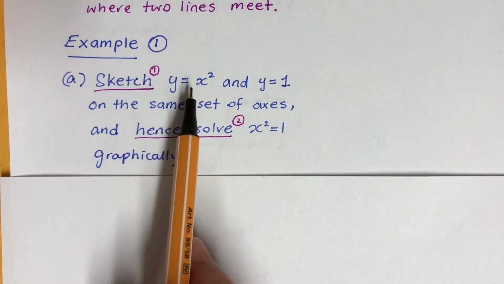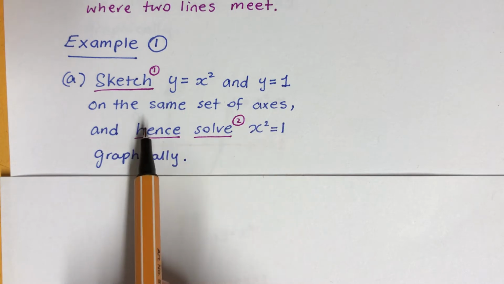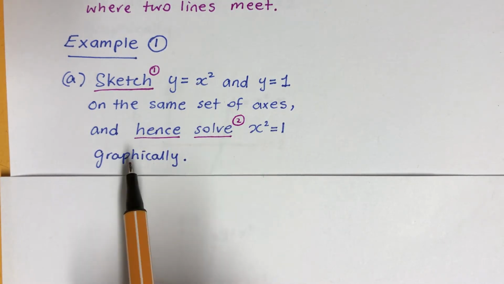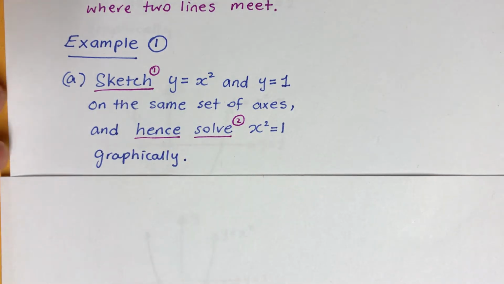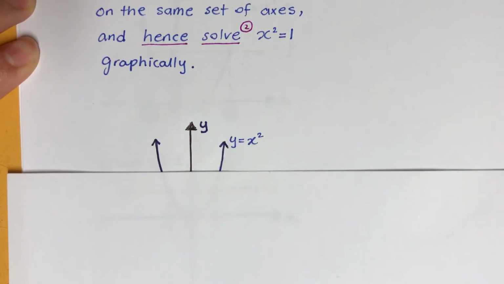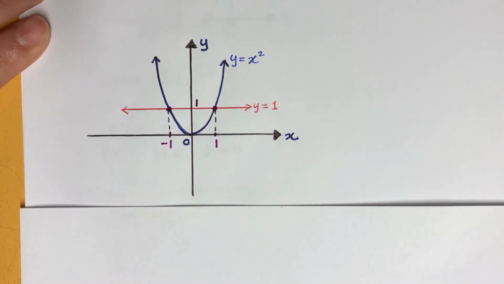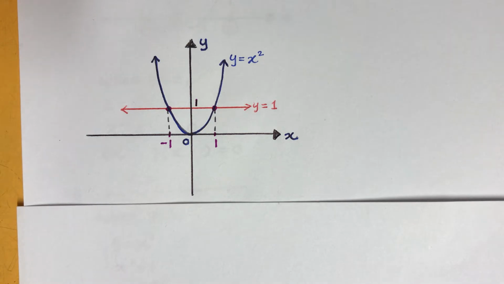So sketch the two graphs on the same number plane, hence use that graph, solve, find the x values graphically. That's what the question is asking. So let's solve. The first one, I've just got the graph done already for you, but you can pause this video and have a go at it by yourself.